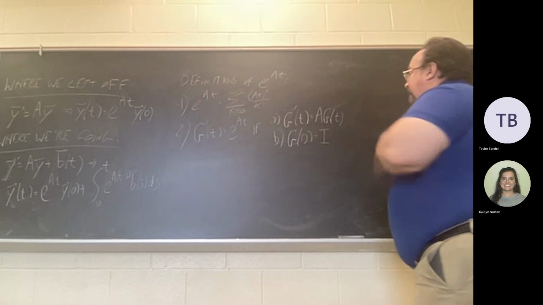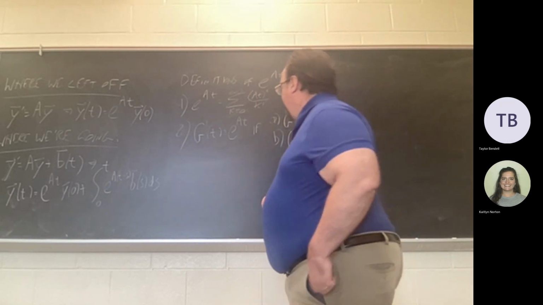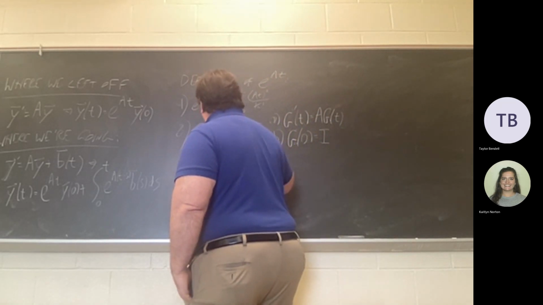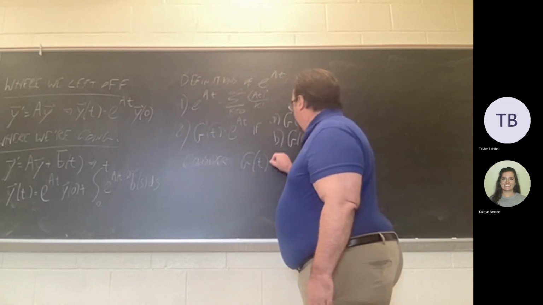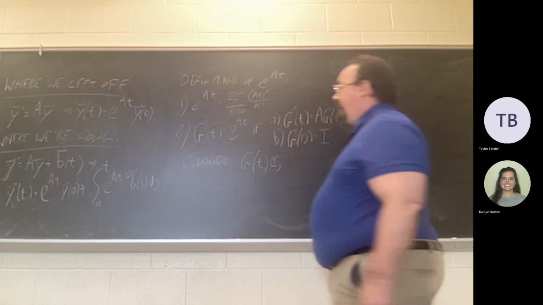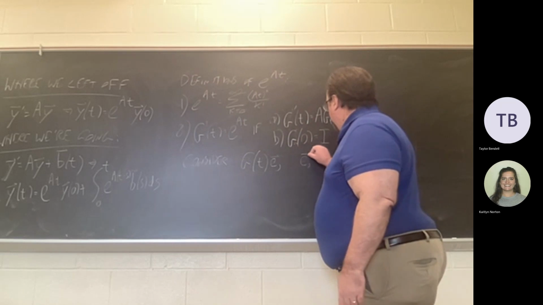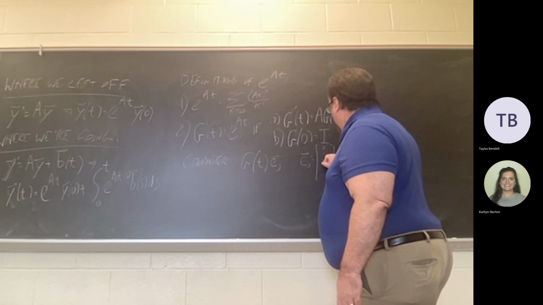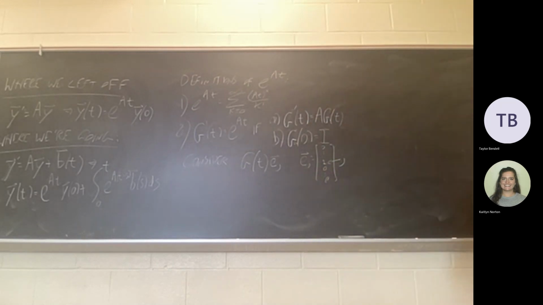Okay, now the thing is, suppose I consider one column of the matrix exponential, so G(t) times the standard basis vector e_j. To refresh your memory, it's a column vector of all zeros with a 1 in the jth position, the jth column of the identity.